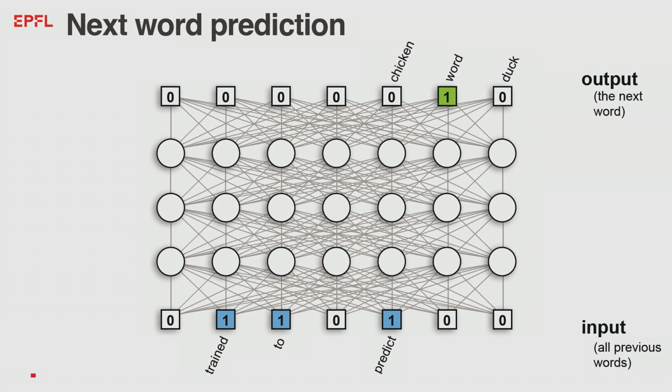So on the bottom, you can see the input to the network, which is the few words we have seen so far. For the words which are present, you put a 1, otherwise you put a 0. And on the top, you see the output of the neural network, which is trained to be correct as the next word, which is the green one here.